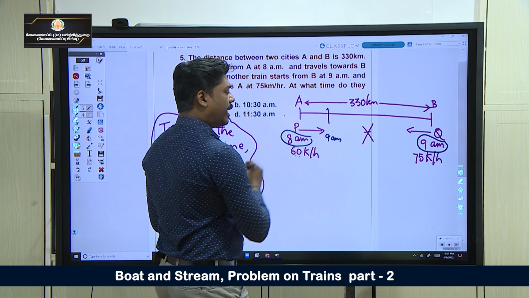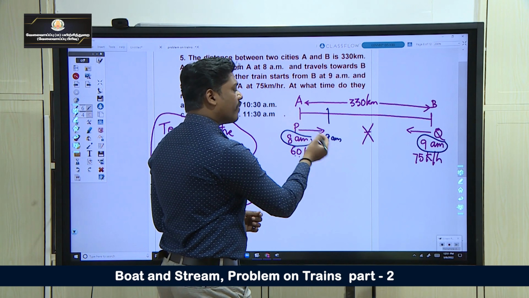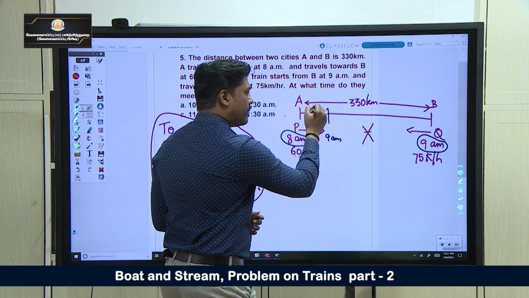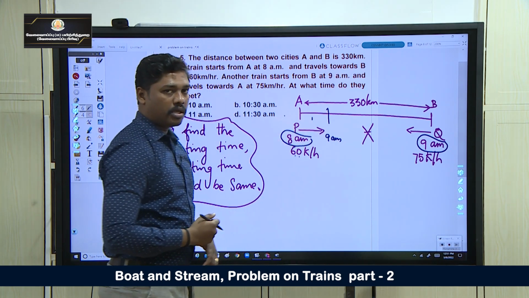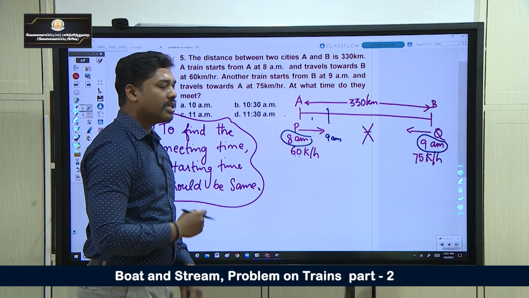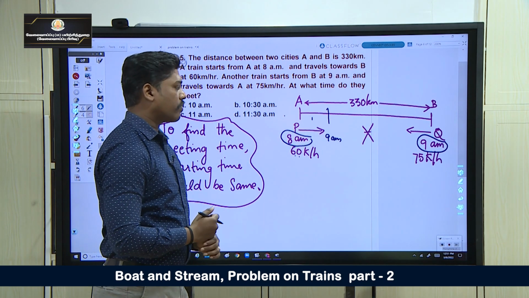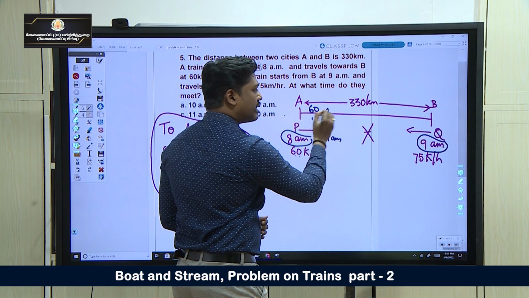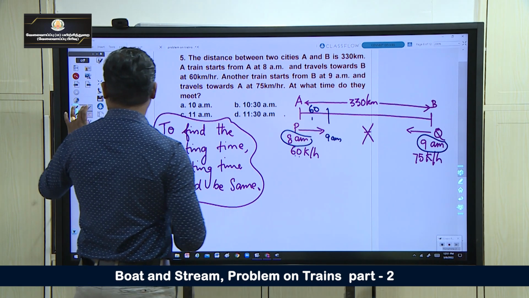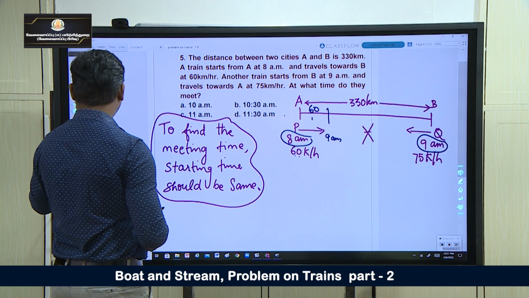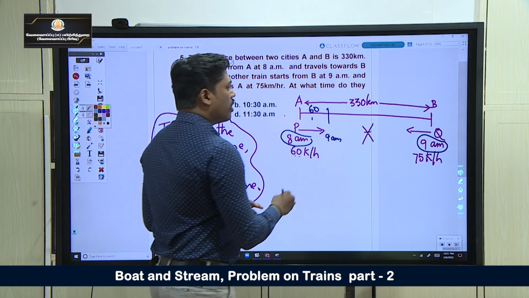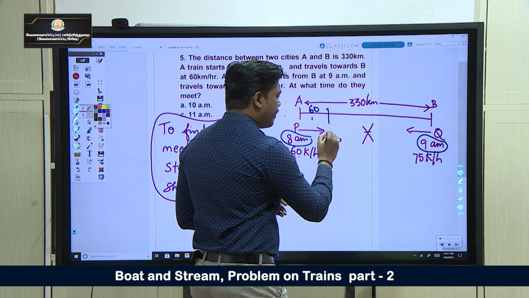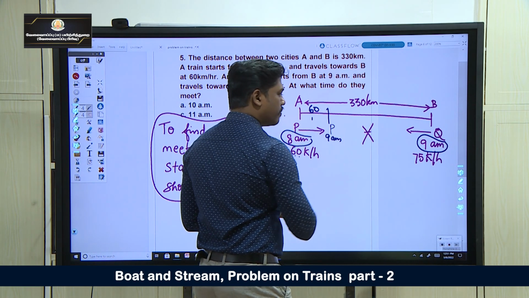Now the time is 8 o'clock. At 9 o'clock where would it be? The time gap is 1 hour. In 1 hour it covers 60 kilometer. So at 9 a.m. train P is here.